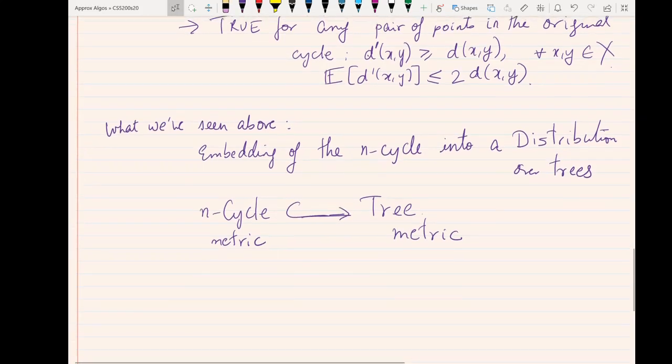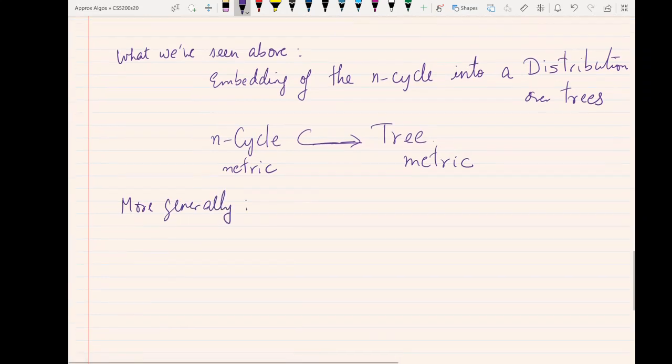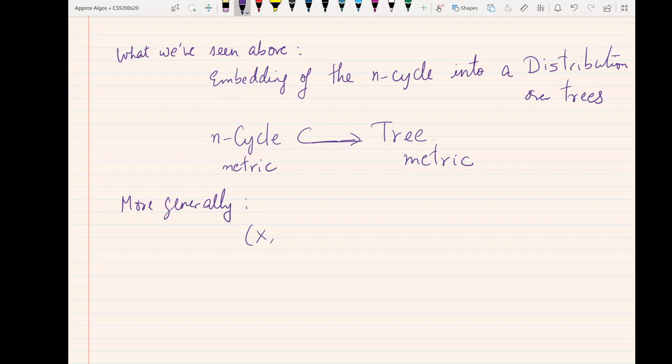Now, more generally, you can talk about embedding a metric space (X, d) into another metric space (X', d') via a map f. And what do I mean by this map being a good map?